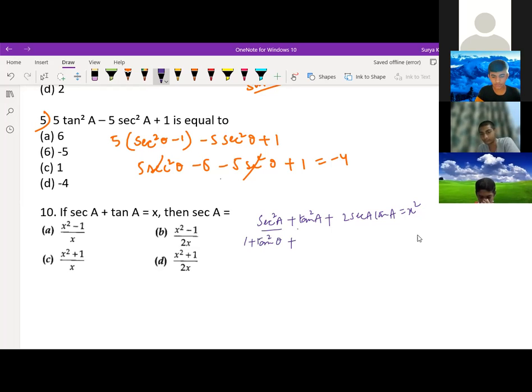Again I should write tan square A only, plus tan square A plus 2 sec A tan A equals x square. Sir, 2 tan square A will be there, and we will take the 1 to the x square side. Minus 1 would be there. 2 sec A tan A is equal to x square minus 1.